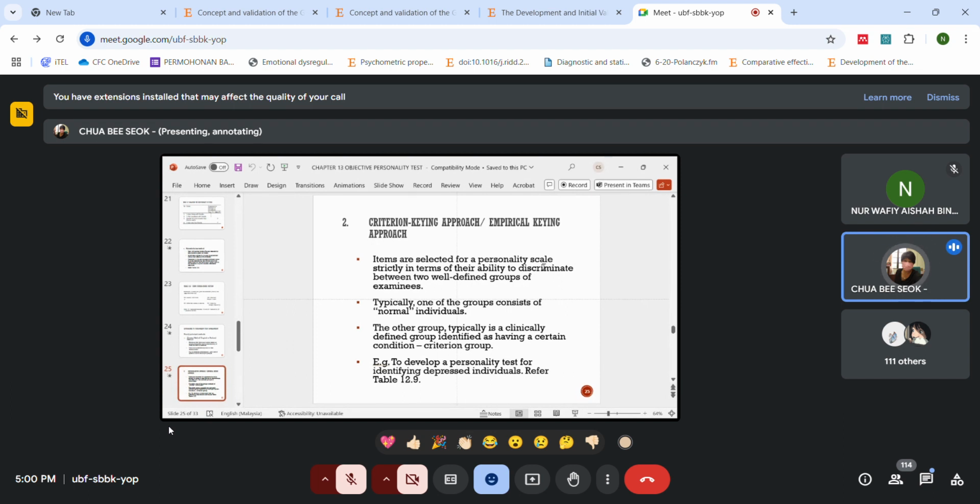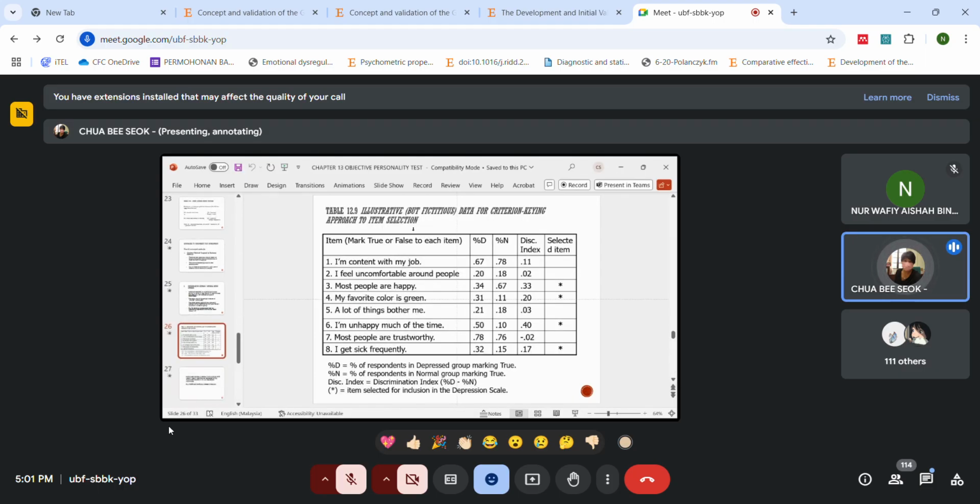You can have two groups: one is a normal group of normal individuals, and the other is an abnormal group, like maybe a depression group. You test the instrument on these two groups. If the item can differentiate these two groups, it means the item can measure. This is using the empirical keying approach, or criterion keying approach, to develop the test.